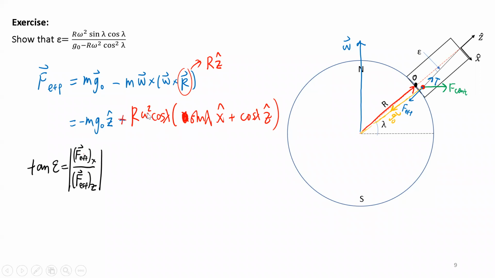And the x component is this term, the z component would be this term plus this term. Then that would give you this ratio. And of course, I'm also making an approximation that because epsilon is very small, epsilon is roughly equal to tangent epsilon. And this one is just given by this.